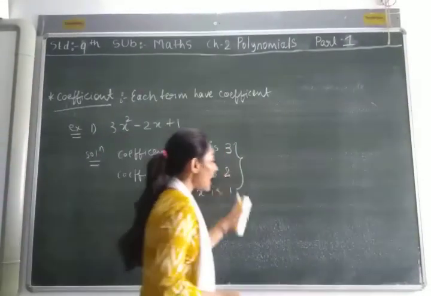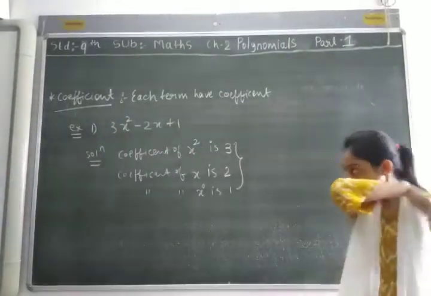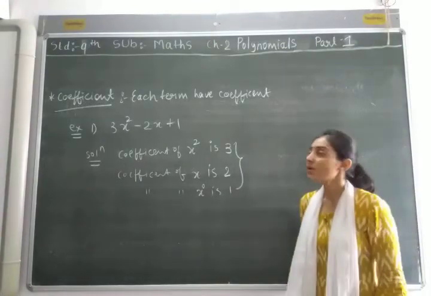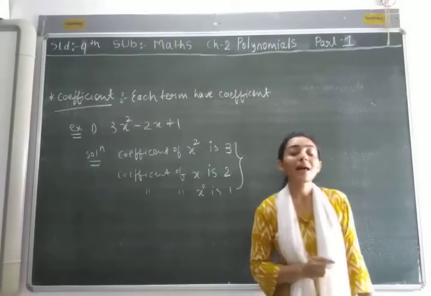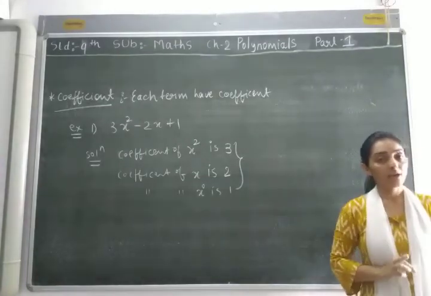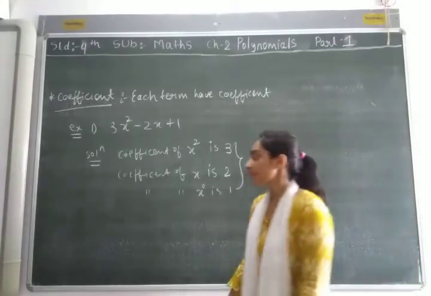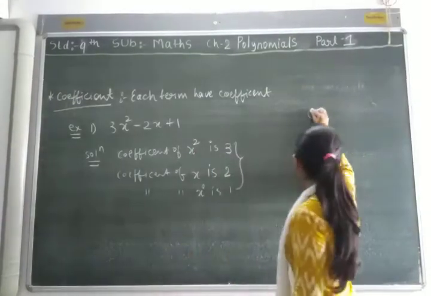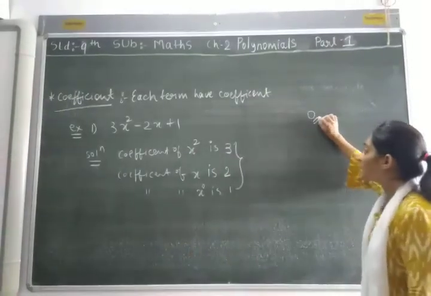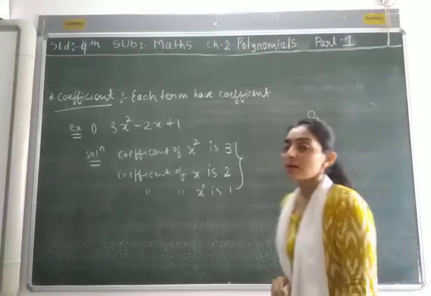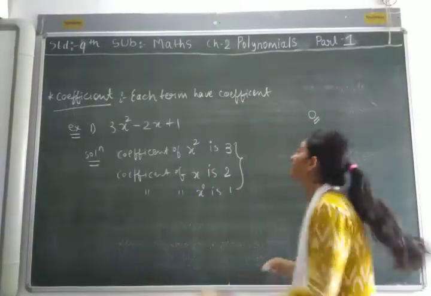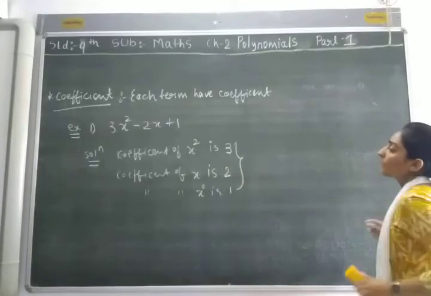These are my constant polynomials: 3, 2, 1 are all constant polynomials. If somewhere a 0 is written, it means it's the zero polynomial. We call it a zero polynomial.